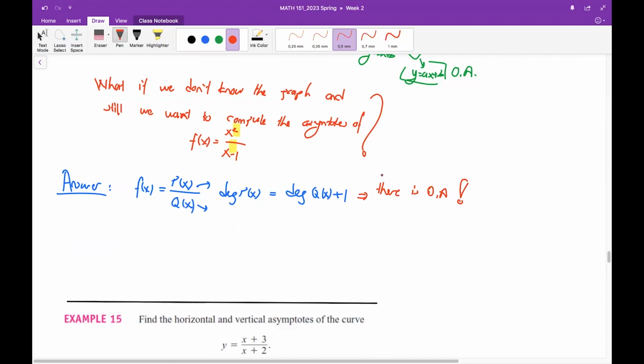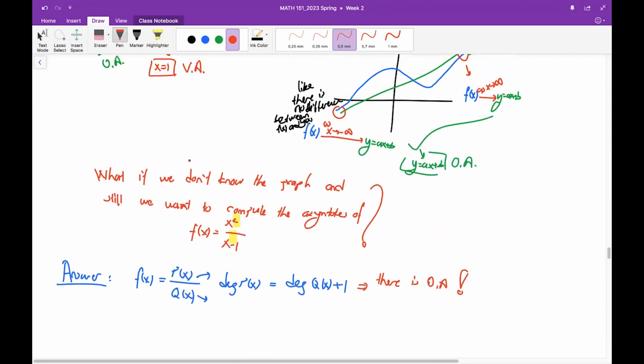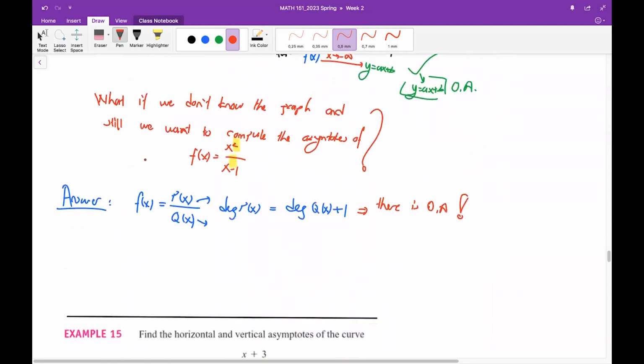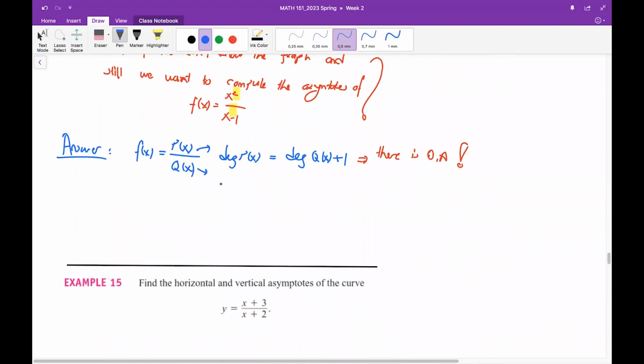Okay, now we are sure that there is an oblique asymptote, but how can we find the equation of it, how can we find the line y equals x plus 1 as the oblique asymptote? Let's write the next question. How to find that? And the answer is: use polynomial division.